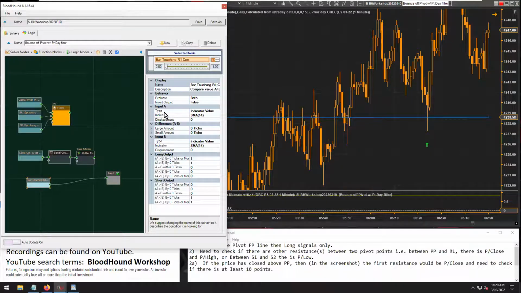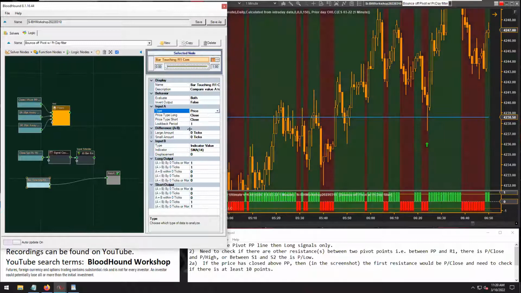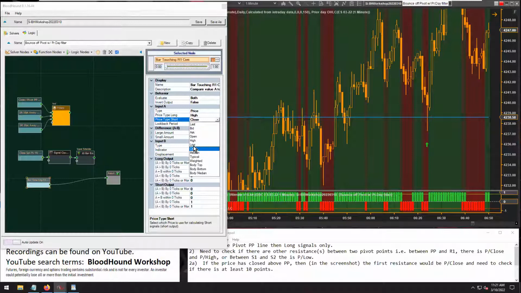So for input A, that's going to be the 2 bar prices. We'll use the high of the bar to generate a long signal, and we're going to use the low of the bar to generate a short signal here.